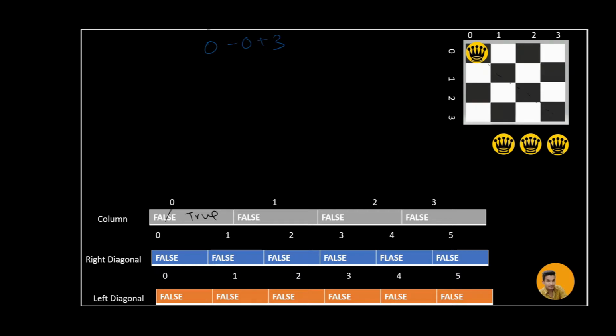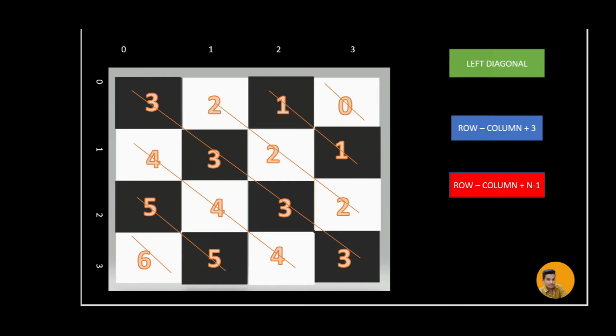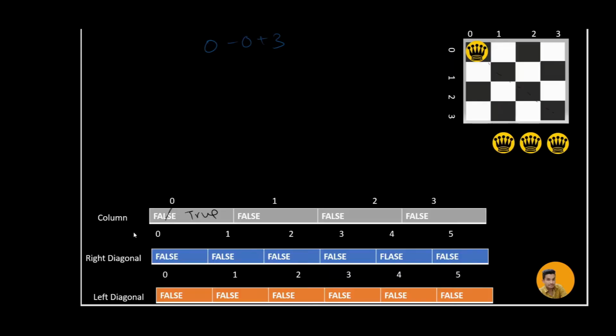Remember, this was 3, so we'll go there in the left diagonal, at place 3, and make this true, specifying this has been used. And for the right diagonal, row plus column, 0 plus 0, this is true. This queen has been placed and we have successfully done it for the first queen.